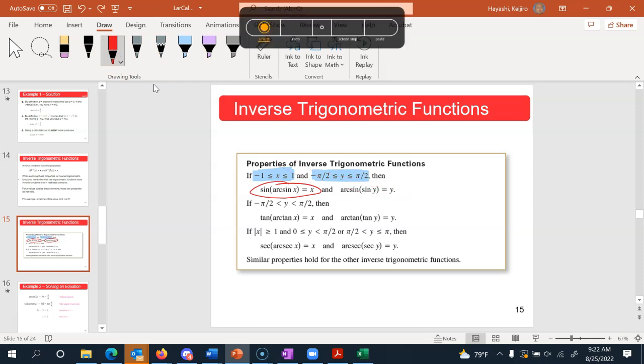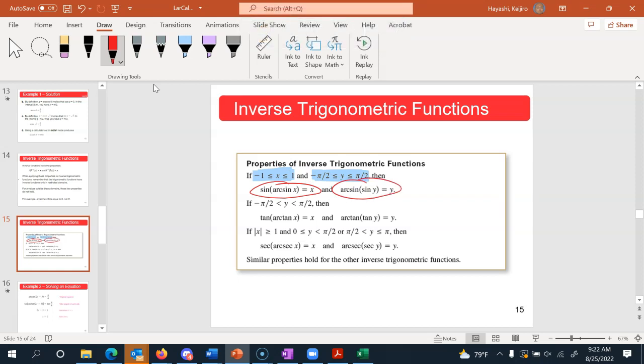As long as you're dealing with sines that are in between -1 and 1, which I guess you always are, it's impossible not to. And as long as you're dealing with angles in between negative pi over 2 and pi over 2, then yes, arc sine and sine will cancel each other out.